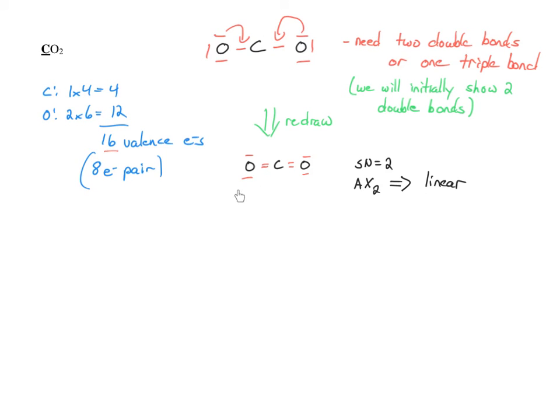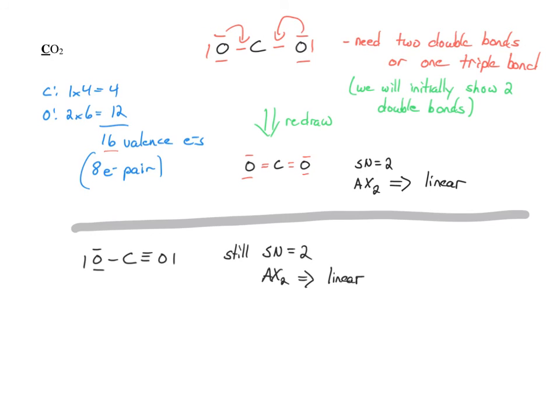Now I have a note here that we initially showed it with 2 double bonds. Experimental evidence shows us this is how carbon dioxide bonds, but if we decided to put a triple bond on either side of this carbon, we would still have a valid Lewis dot structure, and the VSEPR result would be the same. And here's that alternative. If we drew CO2 with 1 triple bond rather than 2 double bonds, we'd still have a valid Lewis dot structure.